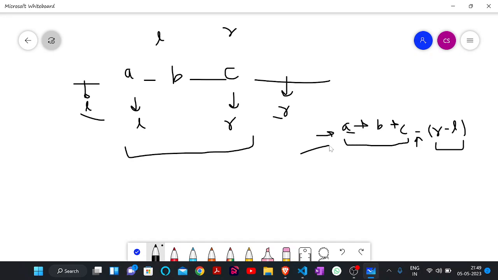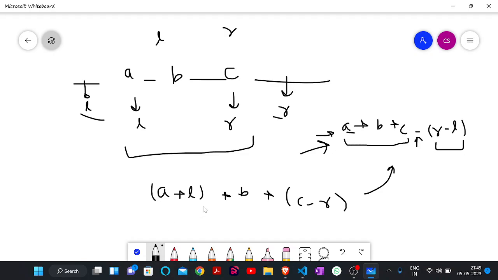So instead of writing it like this, I can write it like A plus L minus... plus B plus C minus R. Is this right? This is the same as this one.